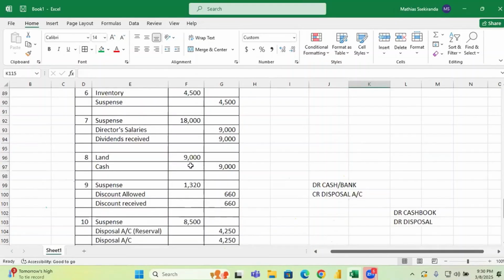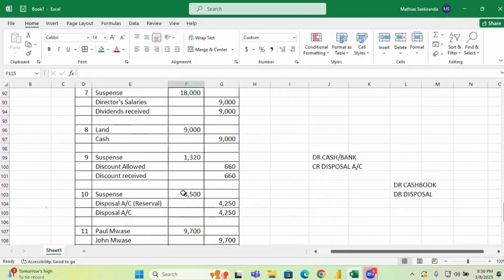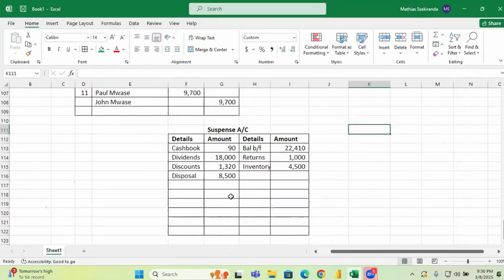Note number 9, we have a suspense on the debit, 1,320, and this was about discounts. Note number 10, we have a suspense on the debit. It's about disposal. Those are the figures we had on the suspense.